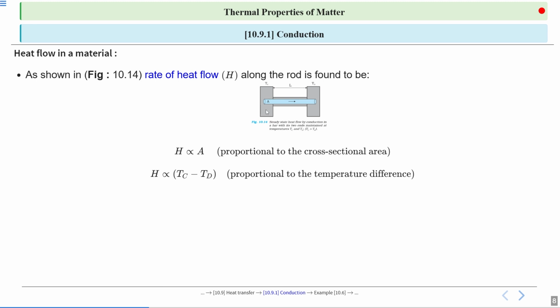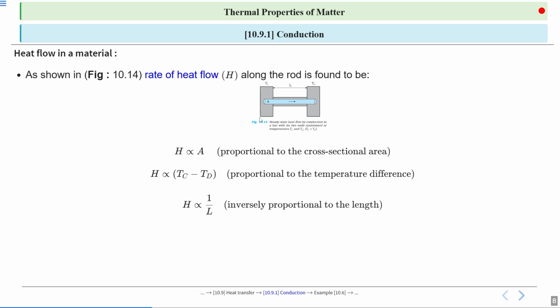The temperature of the first end is Tc and the other end Td. So Tc minus Td is the temperature difference. So the rate of heat flow is directly proportional to Tc minus Td.